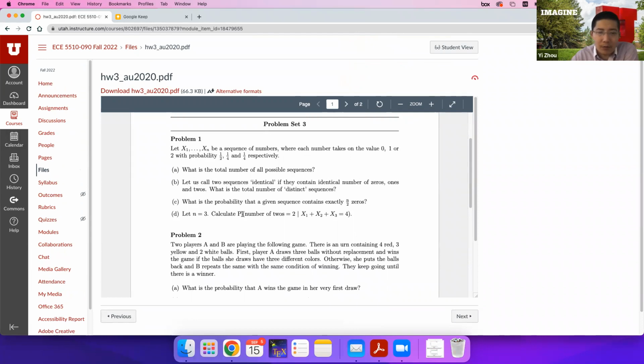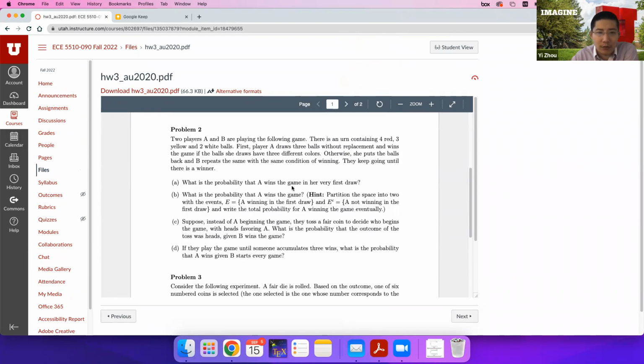But problem 3, well, this one's about conditioning. Okay, this is calculate some probabilities, and again, calculating the probabilities.